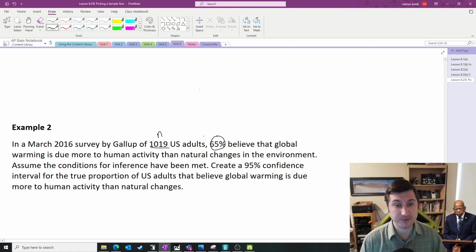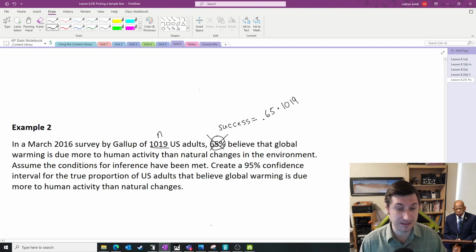Well, we got the sample size, but we don't have the number of successes, and that's what our calculator needs. Not the 65%, but the number of successes. So you simply have to do 65% of the sample size. That will tell you how many people actually said, I think, more to human activity. So you have to turn the percent back into the number of successes.